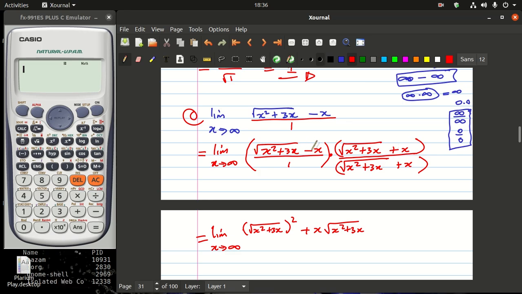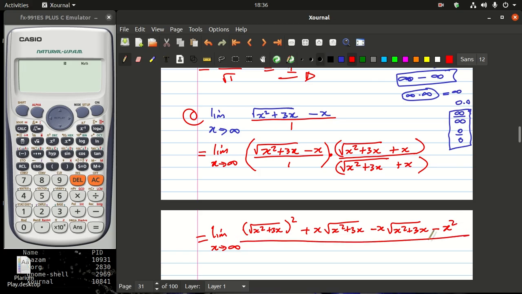And now I'm going to multiply, we have a negative, so minus x times the square root of x squared plus 3x. So this minus, plus a plus times a plus is going to be negative, and then I have that whole thing, and then I have a minus and a plus, so I have a minus. Minus times positive is minus, and then I have x times x, which is going to be an x squared.